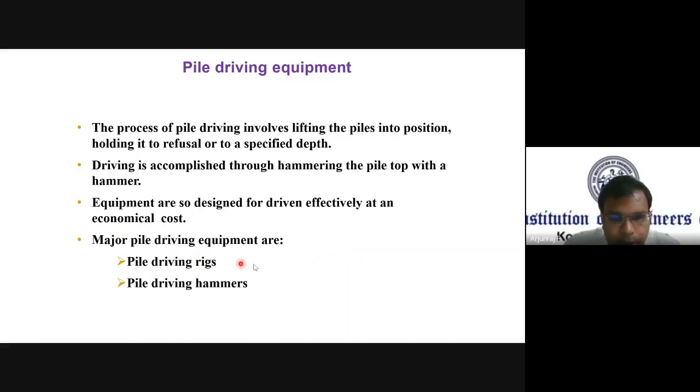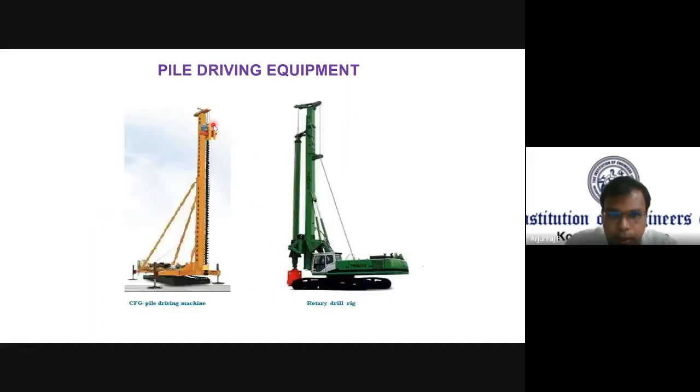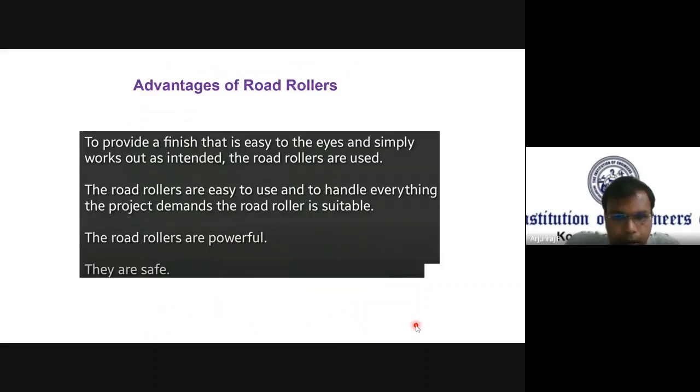The major pile driving equipments are the pile driving rigs and also the pile driving hammers. So this pile driving equipment is used for the piling activities. You have pile driving machines and you have the rotary drill rig.